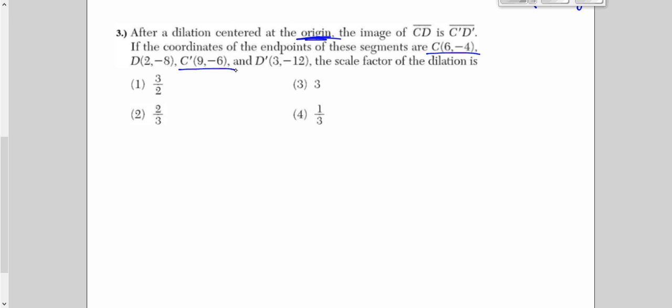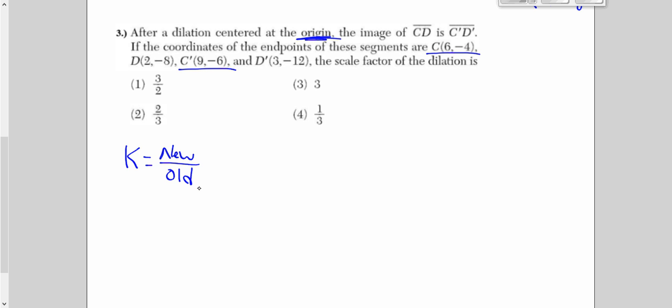I just worked with C prime. I did 9 divided by 6. Mhm. And negative 6 divided by negative 4. Okay, so k equals new over old, right? Now remember, any new linear measurement, including rise or run, right?